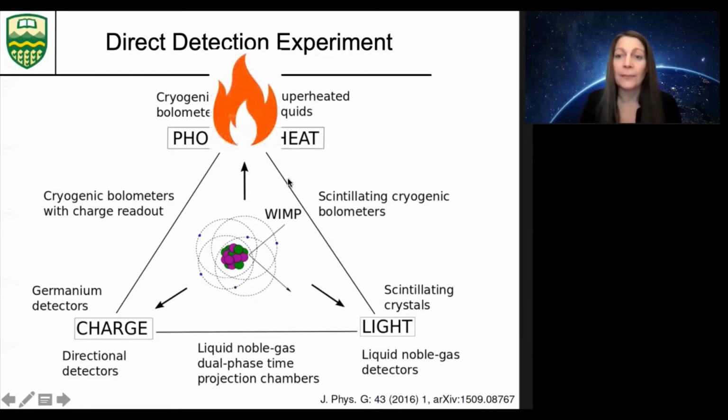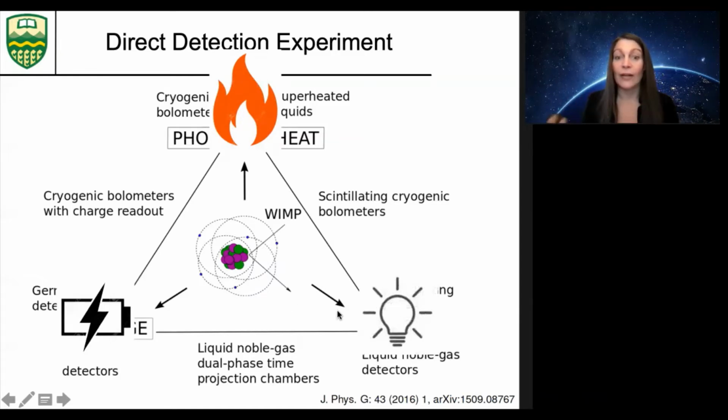You can also have the direct ionization of a target atom, so you detect the charge. And that can be as well an excitation of the target nucleus, which de-excites, releasing scintillation photons, so you have the light. And all of these technologies are trying to detect dark matter.